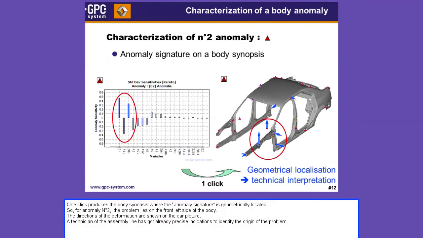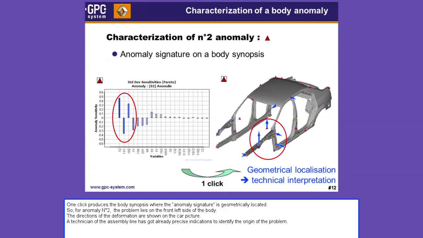One click produces the body synopsis, where the anomaly signature is geometrically located. So, for anomaly number 2, the problem lies on the front left side of the body. The directions of the deformation are shown on the car picture. A technician of the assembly line has already precise indications to identify the origin of the problem.